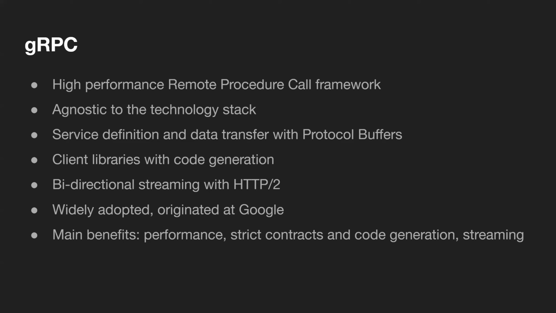gRPC heavily builds on top of a technology called protocol buffers, which we are going to see in a minute. And it is using protocol buffers, or Protobuf, for two purposes. It is used for the serialization during the data transfer. And also the definition language of protocol buffers is used to create the service definitions.